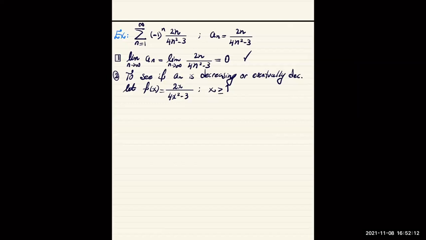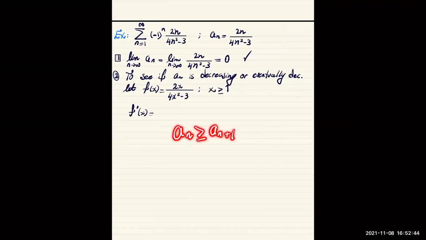All right, so differentiate now. Again, there are multiple ways that you can show a sequence is decreasing. Derivative is one way. You can also directly show that a sub n is greater than or equal to a sub n plus 1. There's a lot of algebra involved, but you could do that.